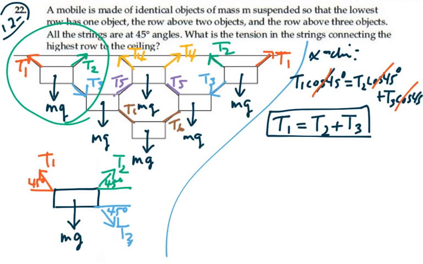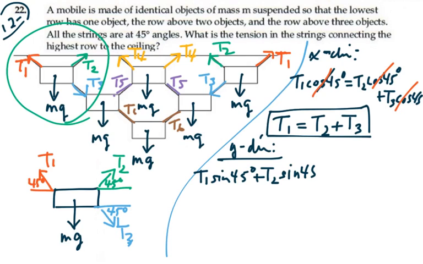So if we look at the y direction, what do we have? We've got a T1 sine 45 plus a T2 sine 45 going up, equal to the force going down, which would be mg, plus T3 sine 45. Let's divide through by the sine of 45.